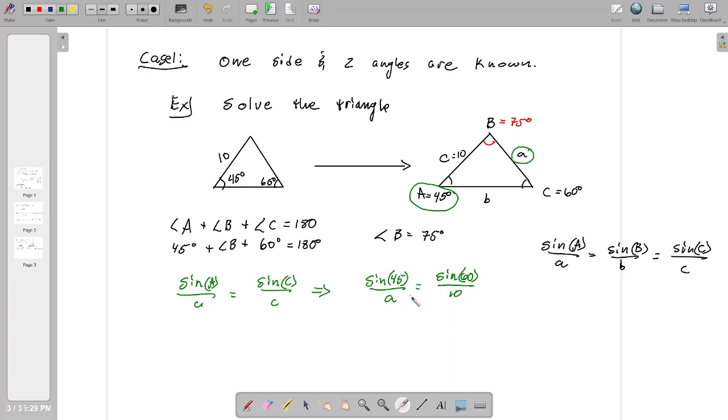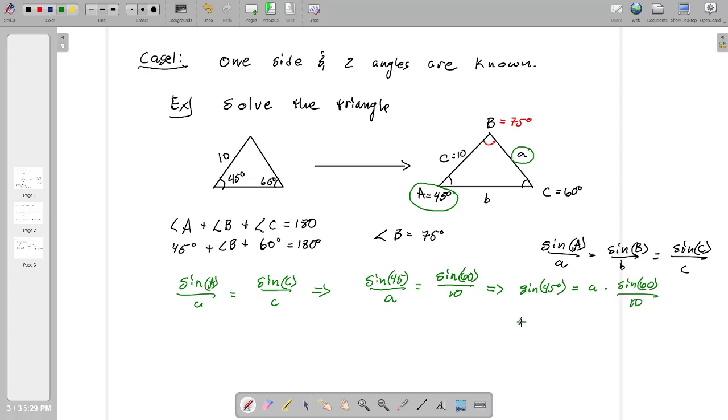Now, a lot of times students have trouble getting an unknown out of the denominator. You always want to get your unknowns into the numerator first. So multiply your A over, and then multiply by 10, and divide by sine of 60. Let's go ahead and multiply our A over. We have sine of 45 is equal to A times sine of 60 divided by 10.